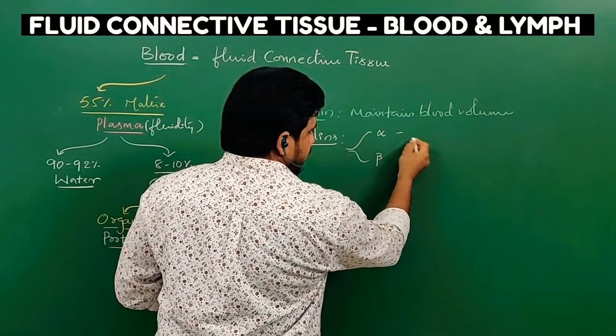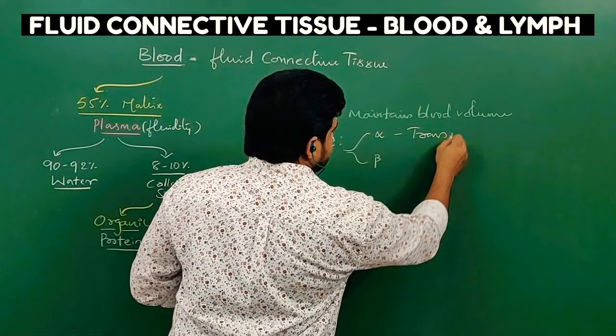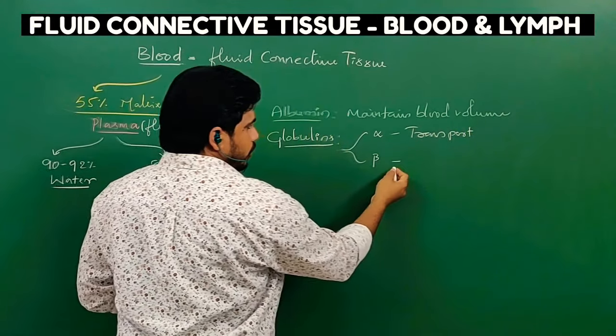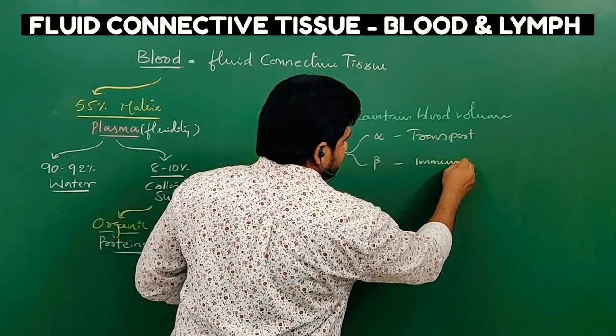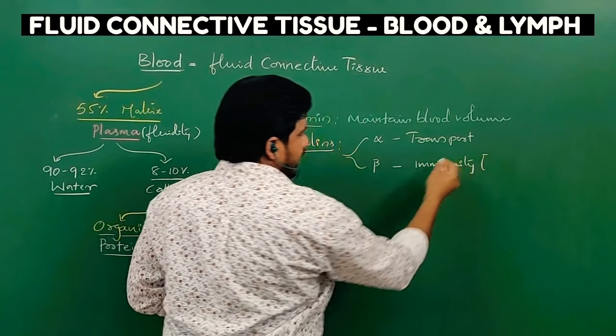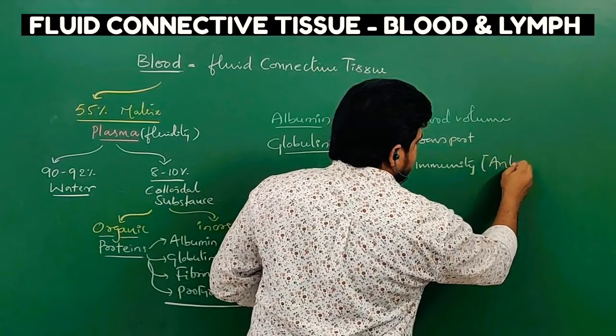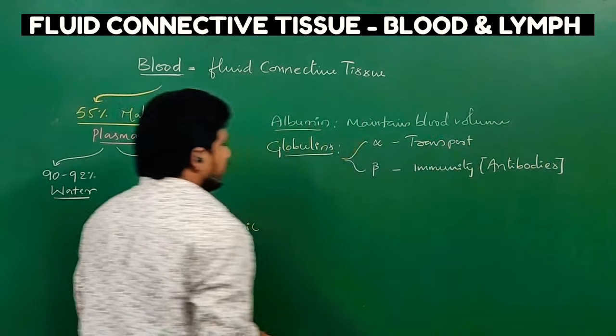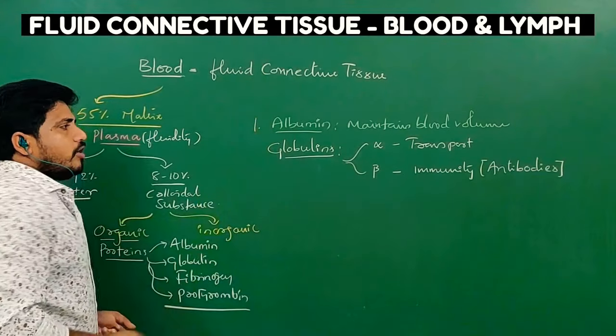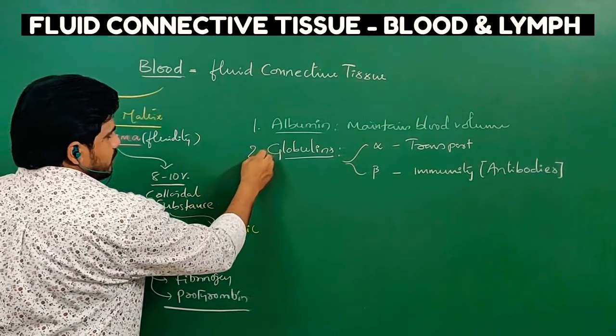Alpha globulins help in transport and beta globulins help in defense, called immunity. They help to produce antibodies. This is the first protein in the plasma called albumin, and the second protein is globulin.